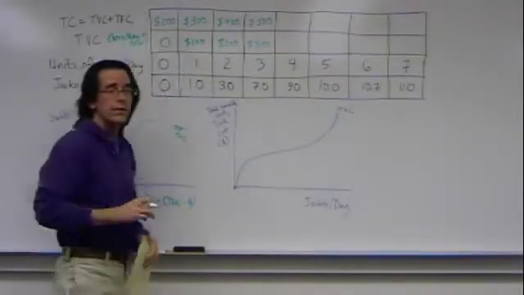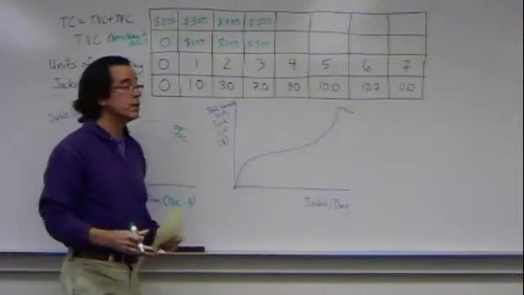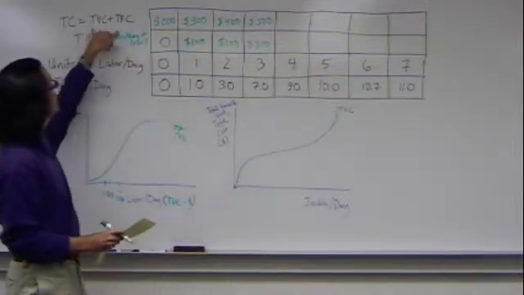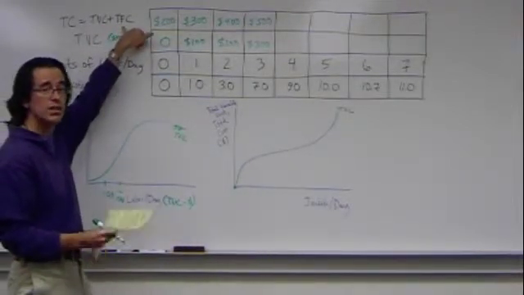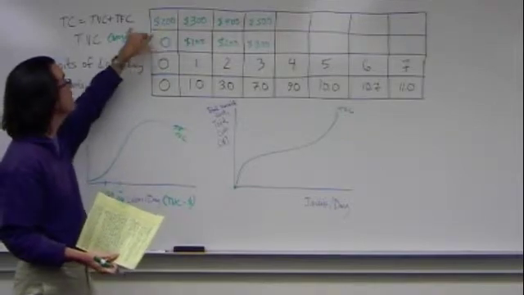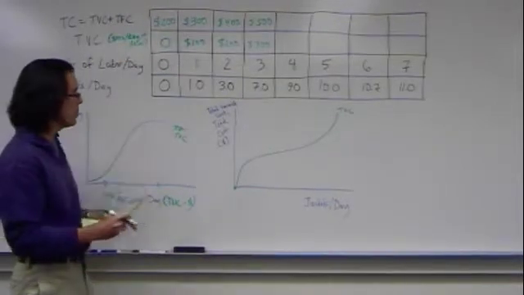What about the graph of the total cost curve? Now remember, all we're doing with the total cost is adding a fixed cost, a constant value, in this case $200, to the total variable cost.